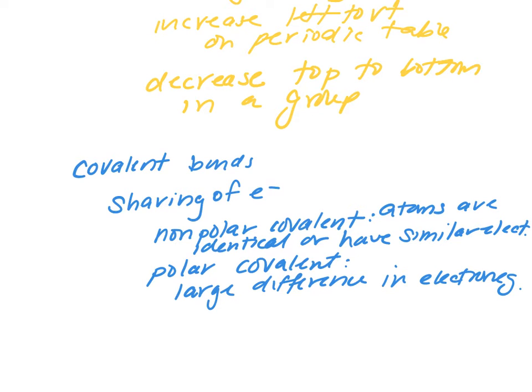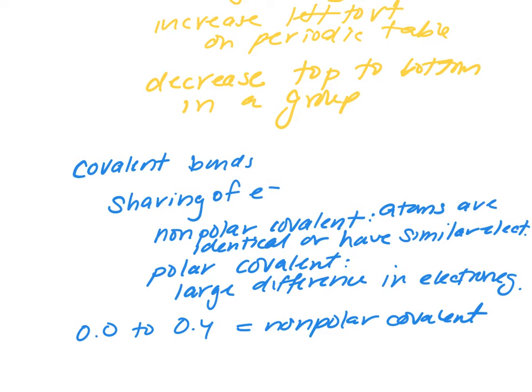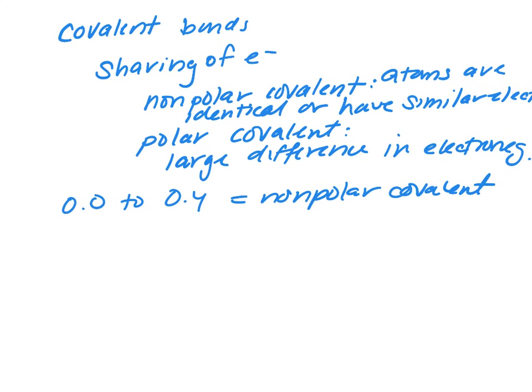So the range for determining a nonpolar covalent bond is, if you take the difference in electronegativity between two atoms of a bond, and that difference is between 0 to 0.4, you have a nonpolar covalent bond.